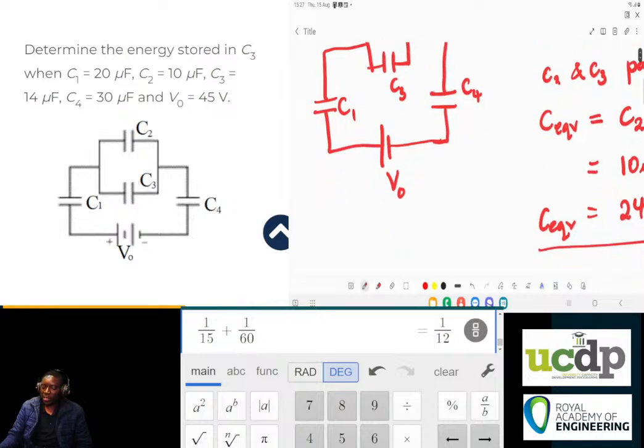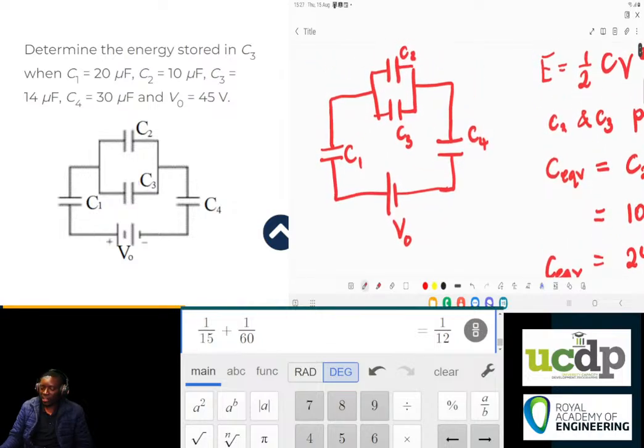Well said, yes. So if we have a series connection, remember our equivalent capacitance, we have considered this parallel part as an equivalent capacitance. So this equivalent capacitance is now in series with C1 and it becomes C equivalent, and we have C4.